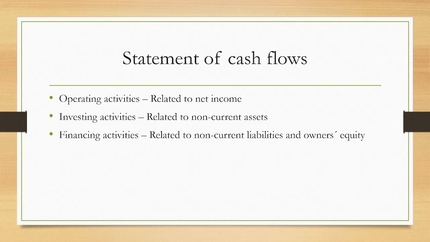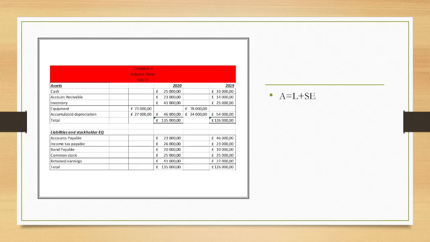So let's look at the balance sheet. What is the first thing we have to do when we look at the balance sheet? It's very essential to consider this equation right here: assets equal liabilities plus shareholder equity.